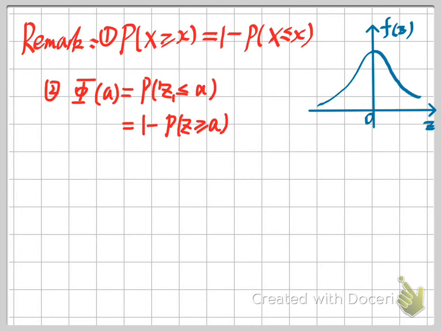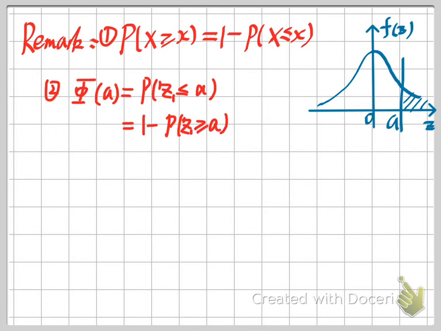Then, by the symmetry of the graph of our PDF, the probability that Z is greater than a is the shaded part on our graph. The area of this shaded part is the probability that our random variable capital Z is greater or equal to a.